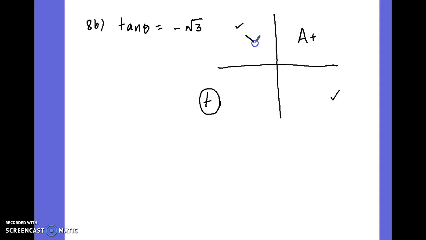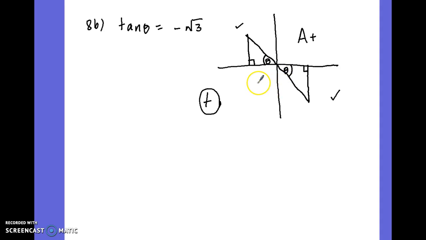So a reference angle has to be either in the second quadrant or the fourth quadrant. So that would be a right triangle being drawn there in the fourth and in the second, and the theta would be here. Remember now, always in reference to the x-axis.